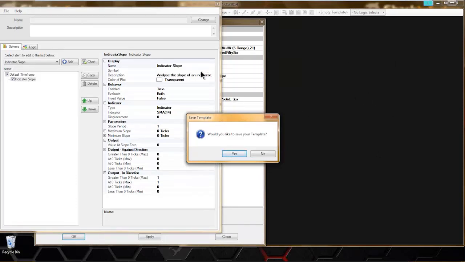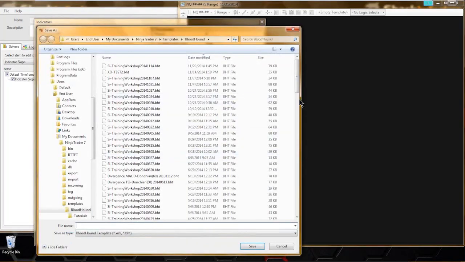But in order to refresh the chart, BloodHound needs to close the interface so the chart can be initialized, to use a technical term. Since I didn't name my template yet, BloodHound is asking, would you like to name your template? So let's go ahead and do that before the template actually closes.